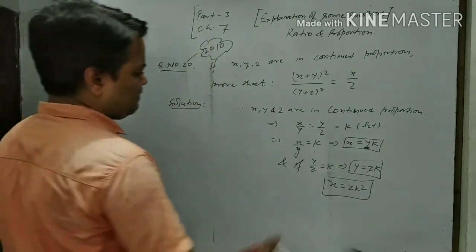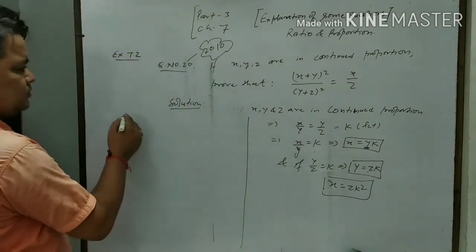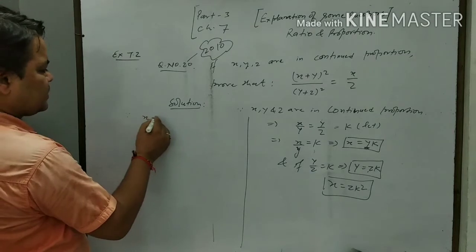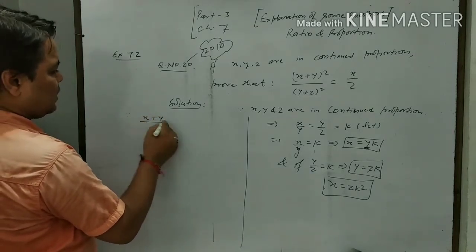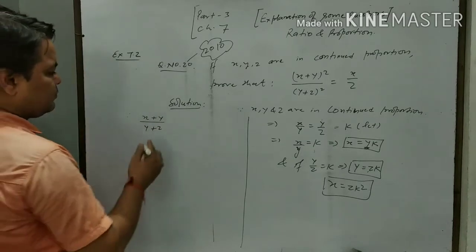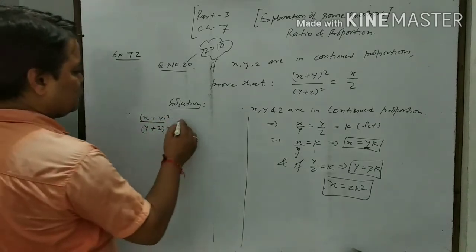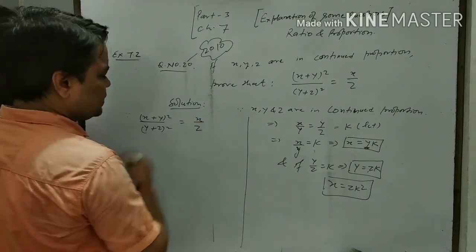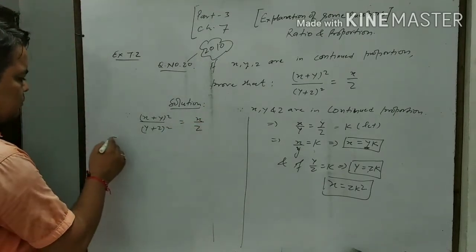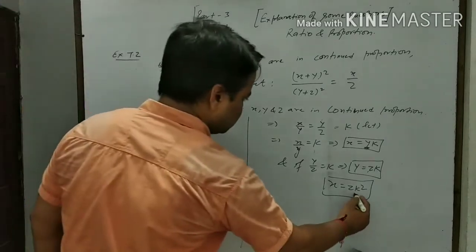Now what is given? (x plus y) whole square upon (y plus z) whole square is equal to x by z. Now put the value of x and y in the form of z.